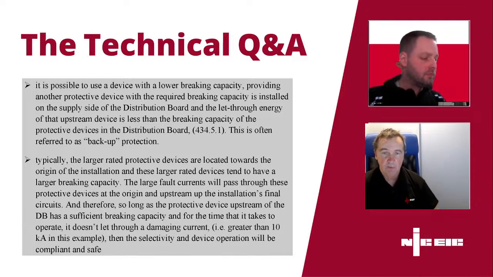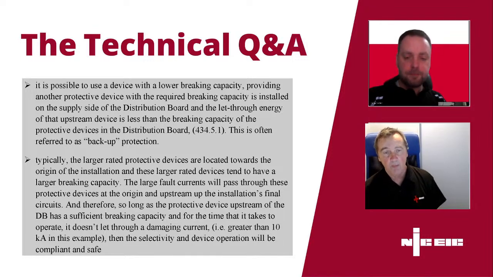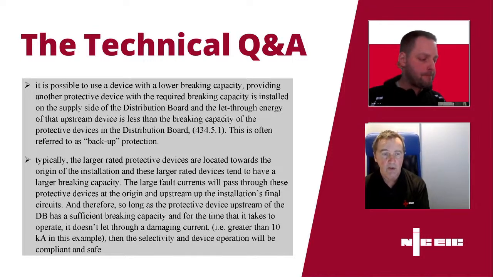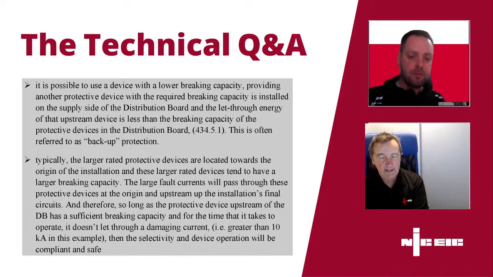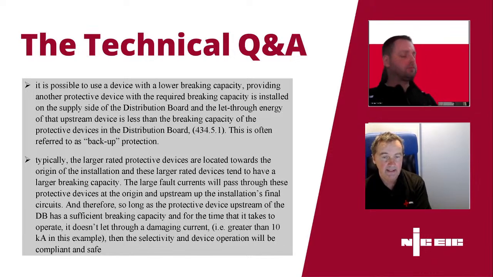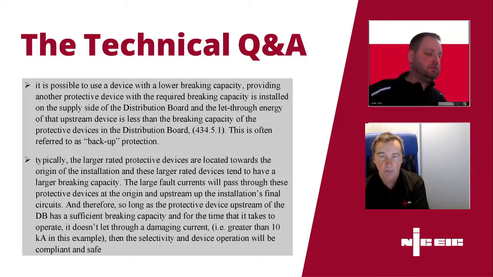The bigger fuse will be able to cope with it and will operate, and all you've just then got to make sure is that for the time it takes to operate, enough energy doesn't get through which is greater than 10 kA to damage your protective device.